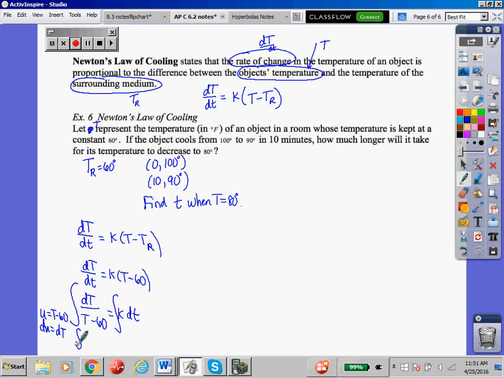So I'm doing the integral of 1 over u du, and on the right side, that's kt plus c. If I have the integral of k dt, that k is a constant, so that's kt plus c. Now on the left side, that's the natural log of u equals kt plus c.